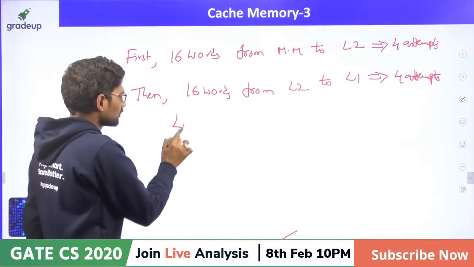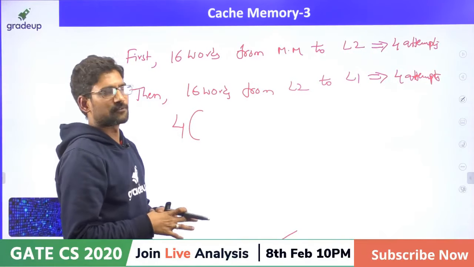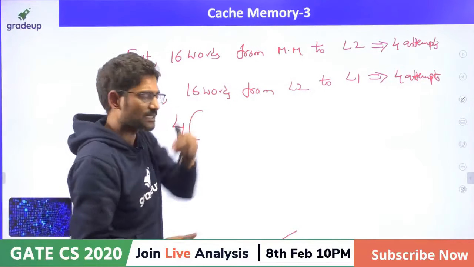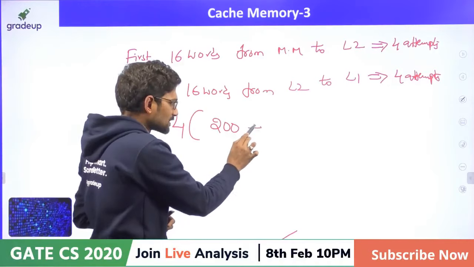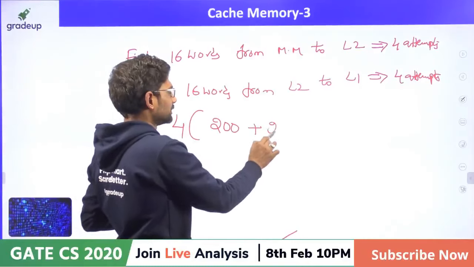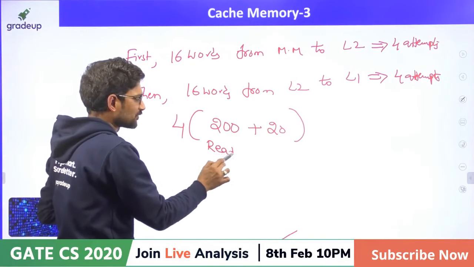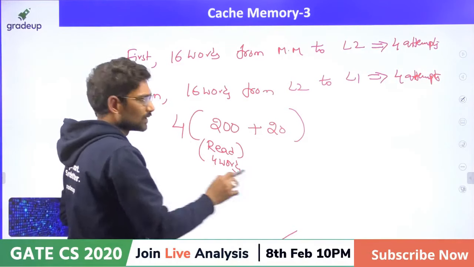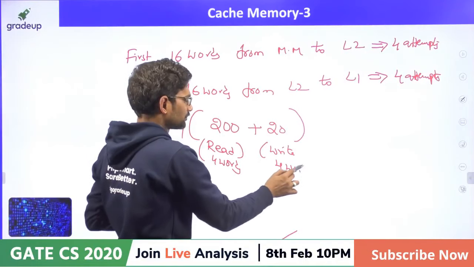So first, a block is transferred from main memory to L2. What is main memory access time? 200, plus what is the L2 access time? 20. That means it is reading 4 words from main memory and writing those 4 words in L2.